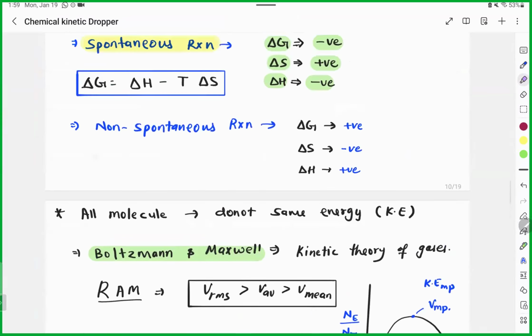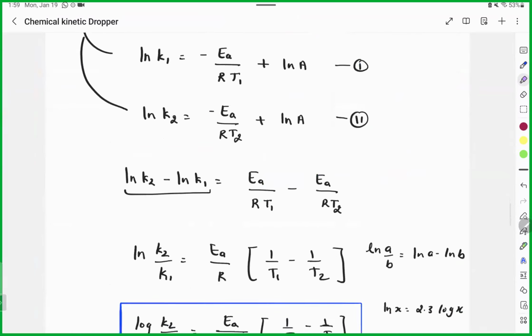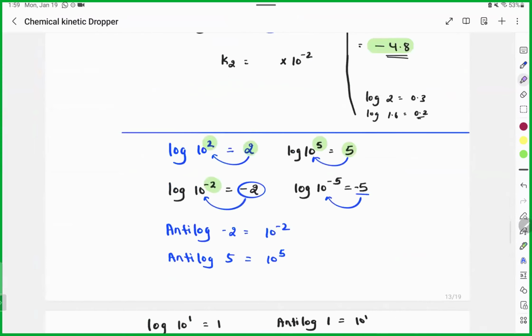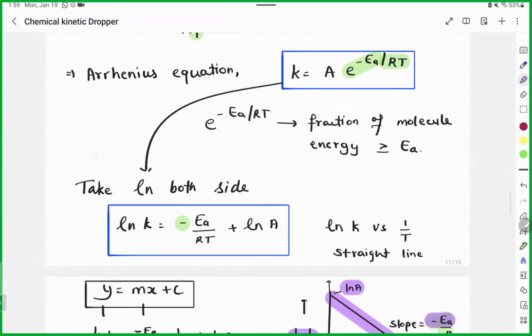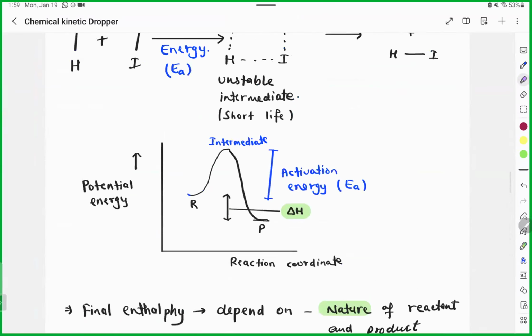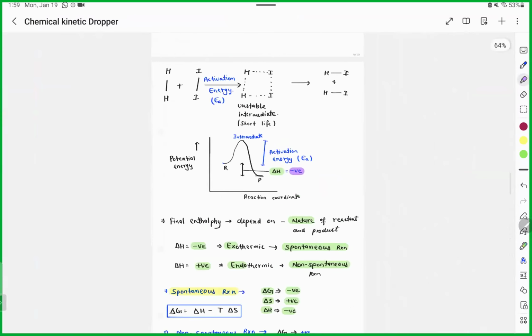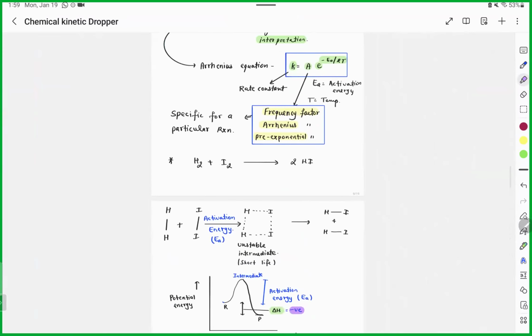Let me show you. Spontaneous reaction. See, delta H here it was negative. Correct? Any doubt, guys? Correct.